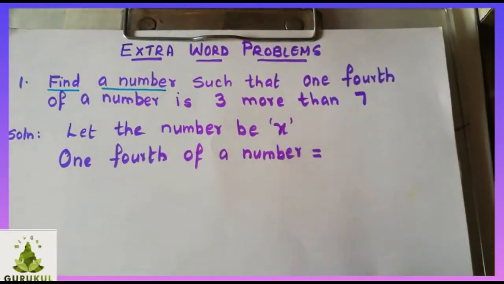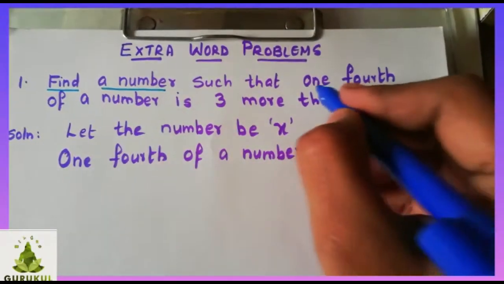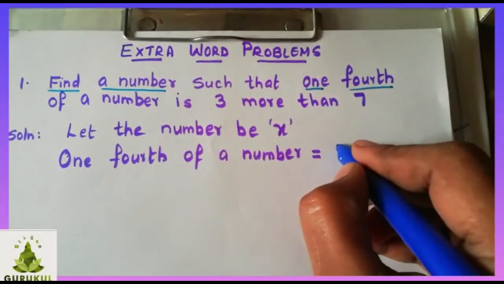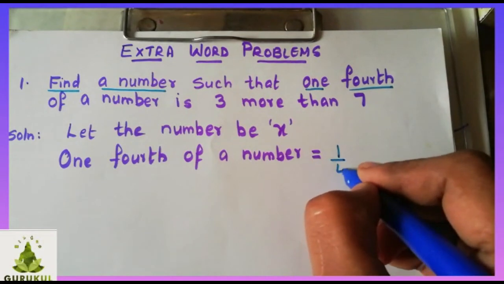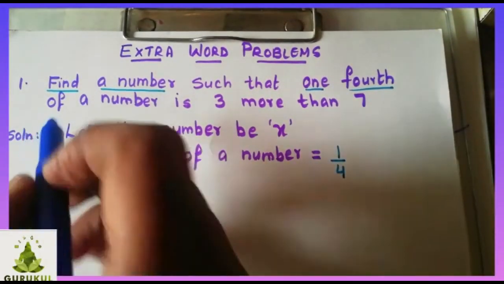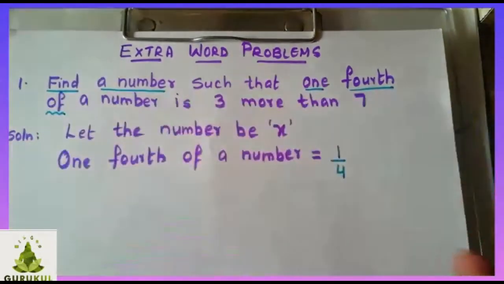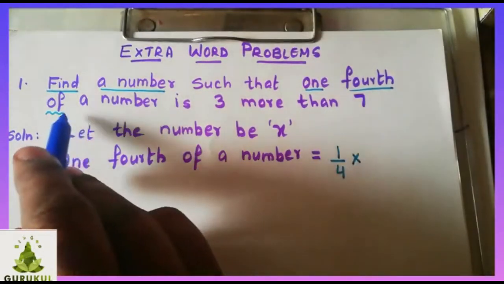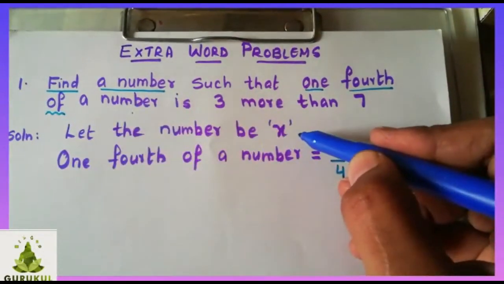Now see the second part. 1/4 of a number. 1/4 means 1 upon 4. Of means into, multiplication. I told you in the keywords, of means into. Of a number. What was the number we have taken? x.